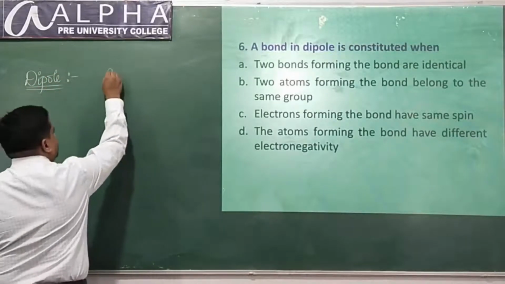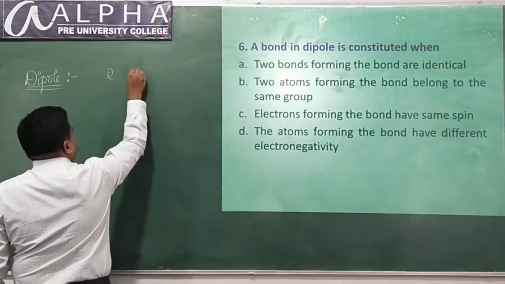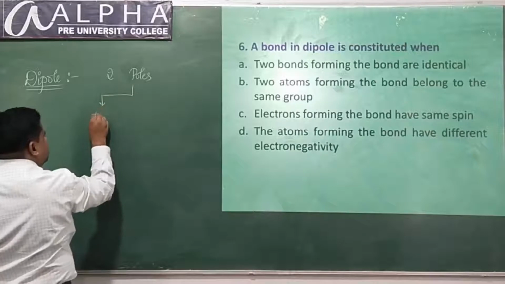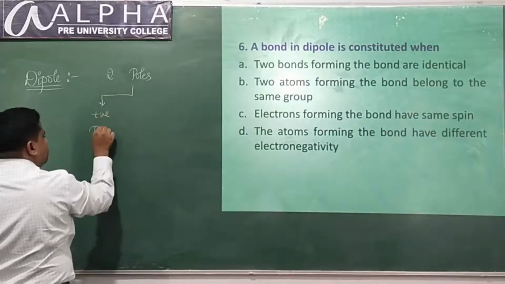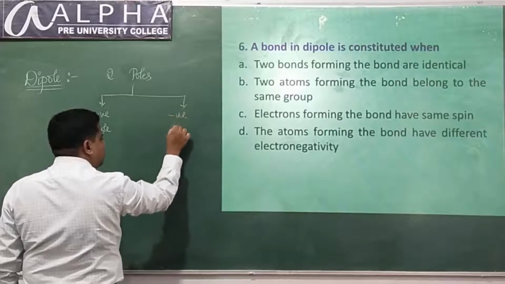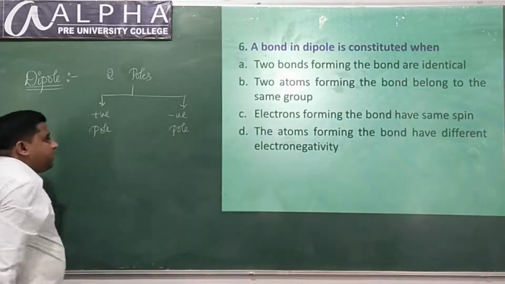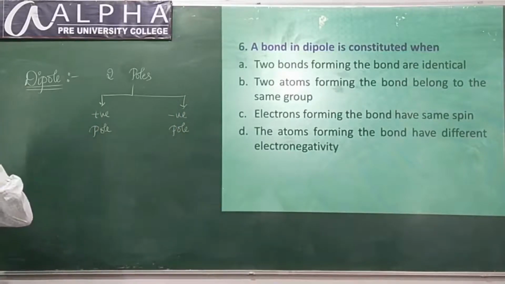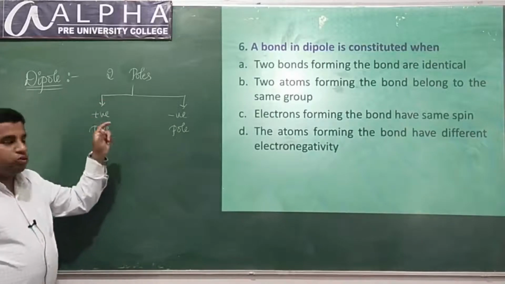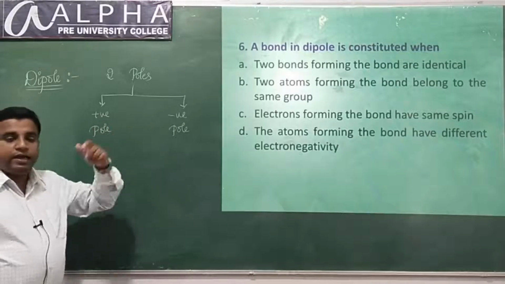Dipole means two poles. Which are those two poles? One is the positive pole, the other one is the negative pole. Positive pole and negative pole. So dipole means two poles, positive pole and negative pole.